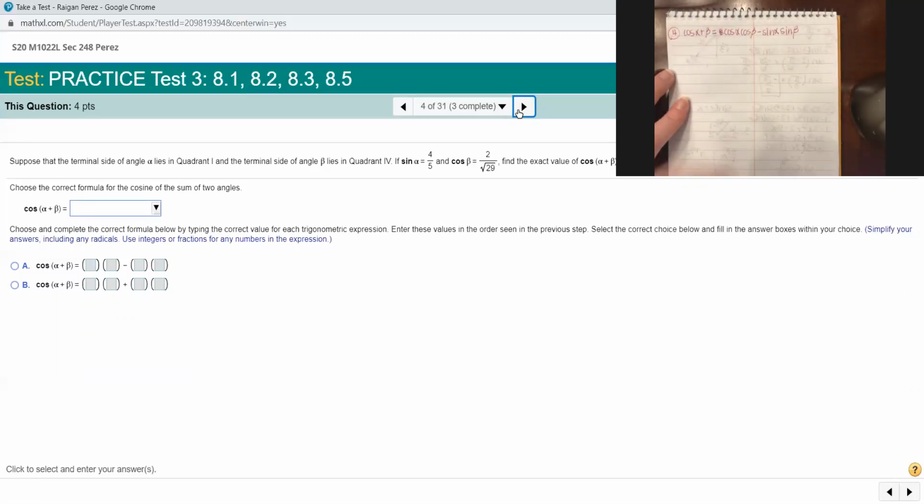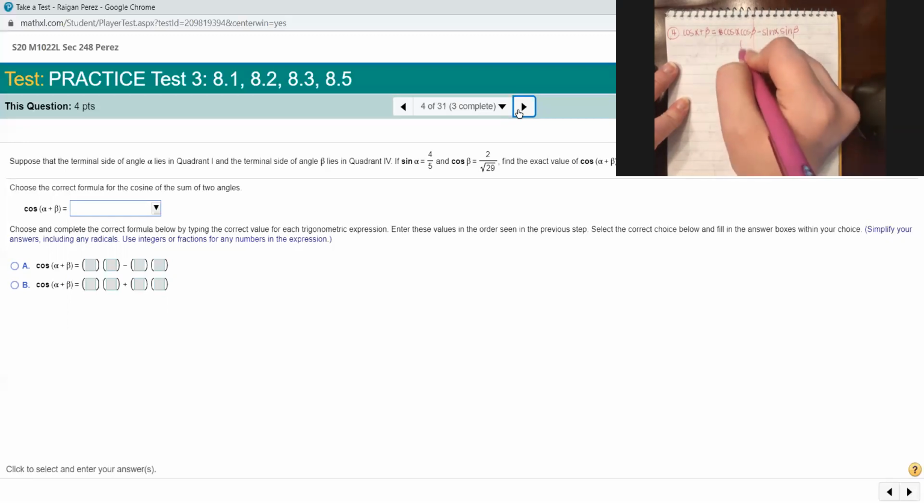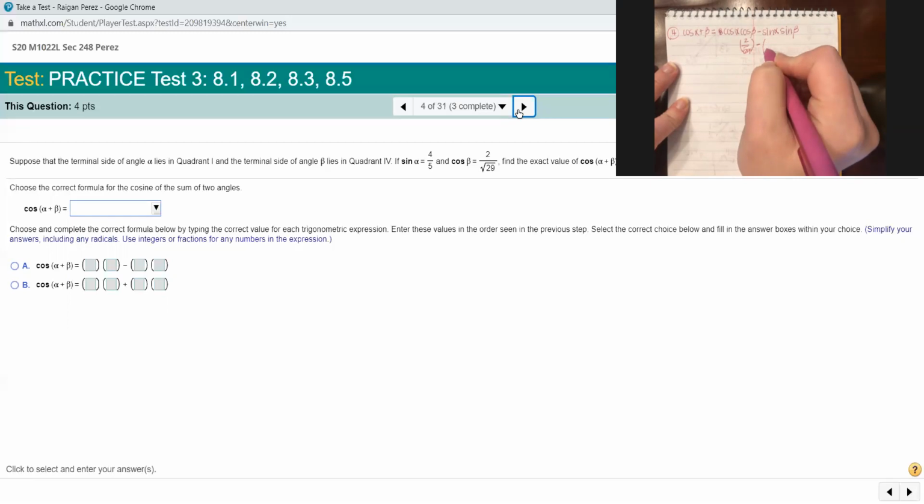Okay, so I already know sine of alpha and cosine of beta, but I gotta find the other two. I know that cosine of beta is 2 over square root of 29, and I know that sine of alpha is 4 over 5. But I gotta find sine of beta and cosine of alpha.